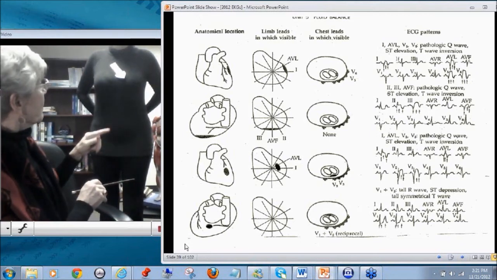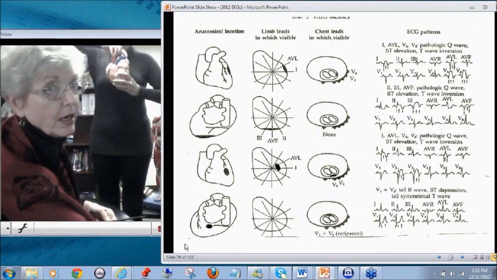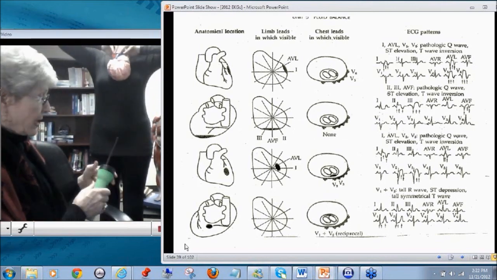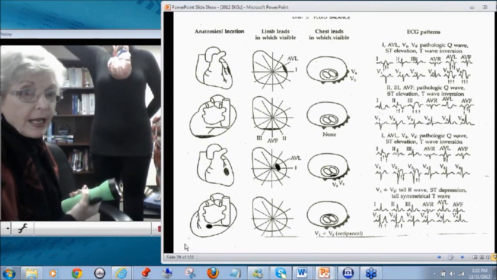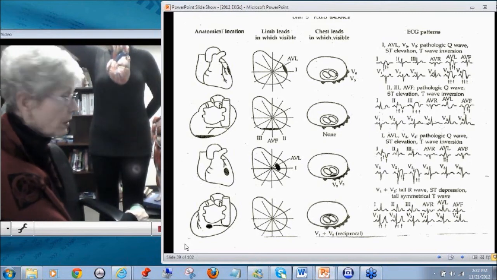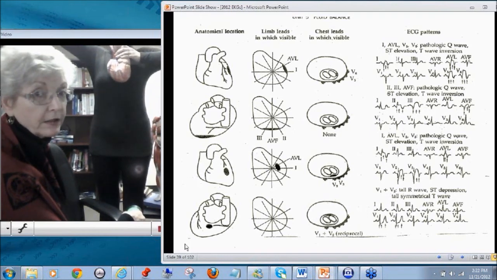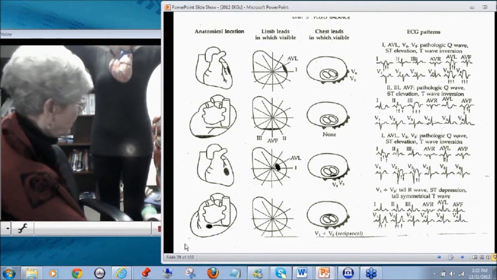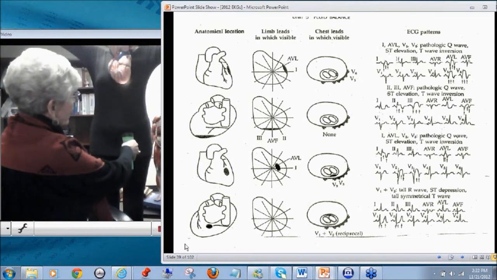And then I'm going to have you, if you would please hold the heart up, and I'm going to try to demonstrate something here with a flashlight. Here's her heart. If I were an electrode on her left leg, and my positive electrode would be in leads 2, 3, and AVF, it would all be on my left leg, and I'm the eye, I'm looking at the heart.